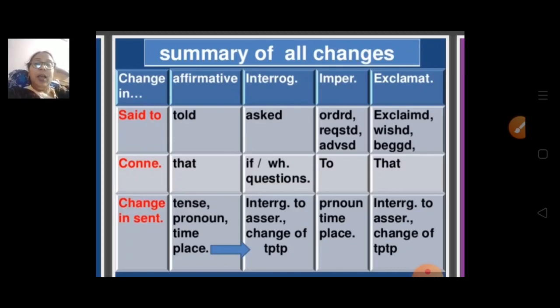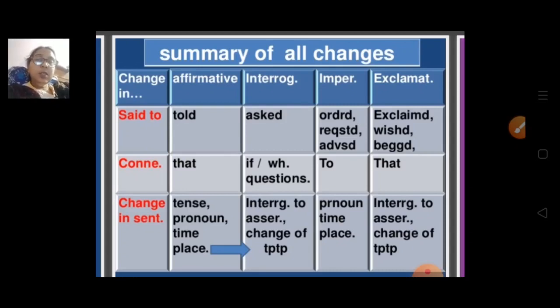I think all the rules are clear to you, and you have understood them, and we will do some practice on that. Whatever exercises are given in our book, we will continue this topic, direct and indirect narration, in our coming videos also.